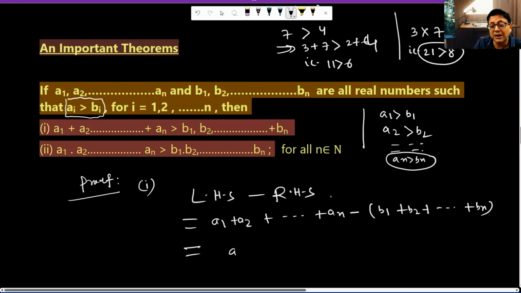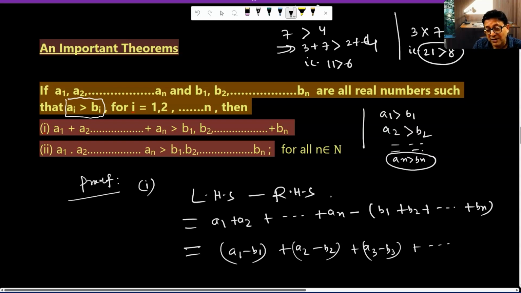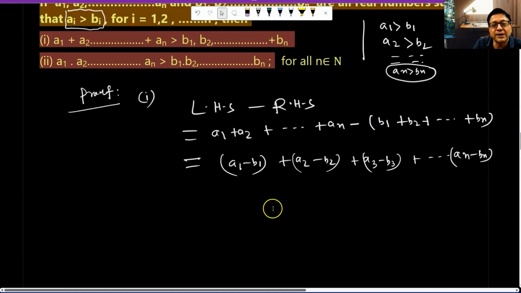I am taking A1, B1 together, A2, B2 together, A3, B3 together, this way An and Bn together. So what do you get there? A1 minus B1.